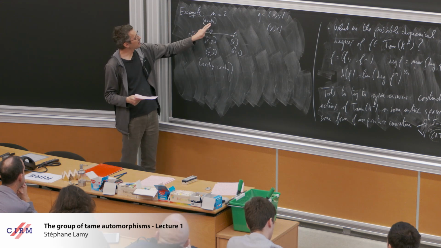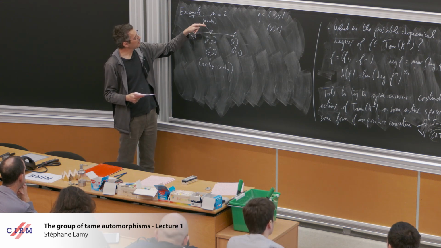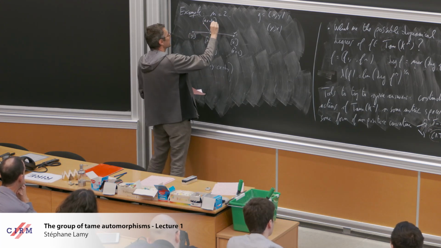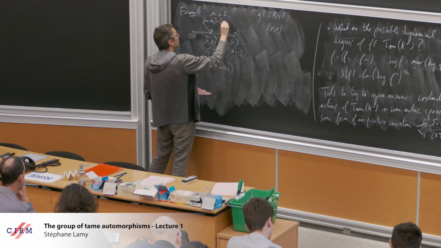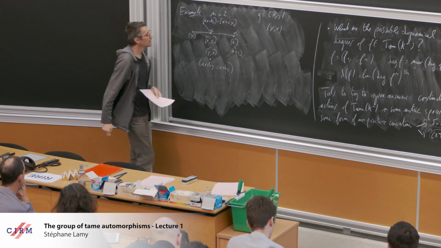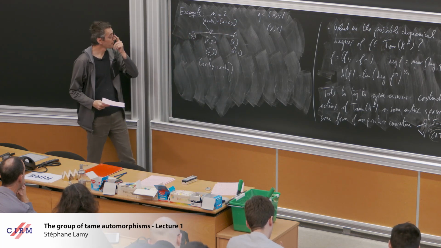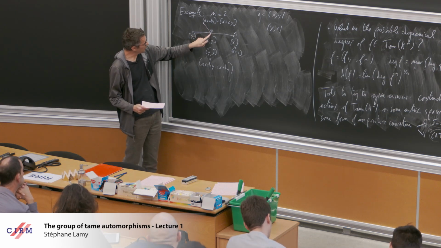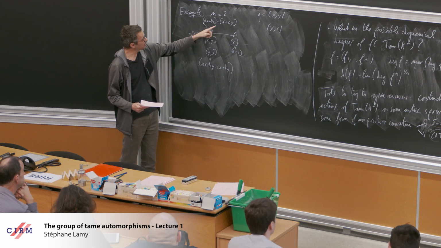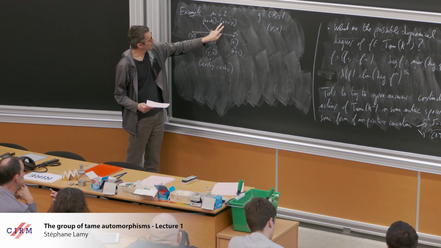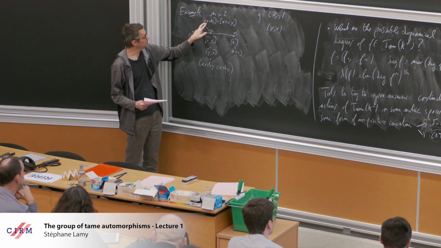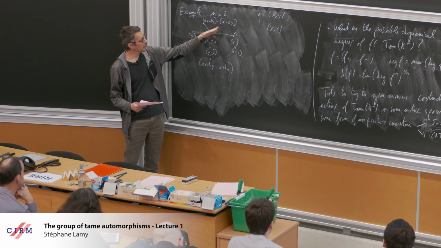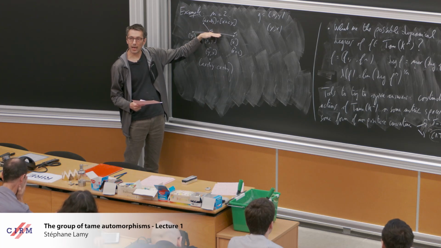If a and b are not 0, I can multiply by lambda and decide that one of them is 1, so I can decide that this is x plus cy, just dividing by a. So all the vertices which are at distance 1 from this one are parameterized by P1. You have a constant, you have (a:b) in P1, because it's up to a scalar. So you have as many edges as the projective line over your field.